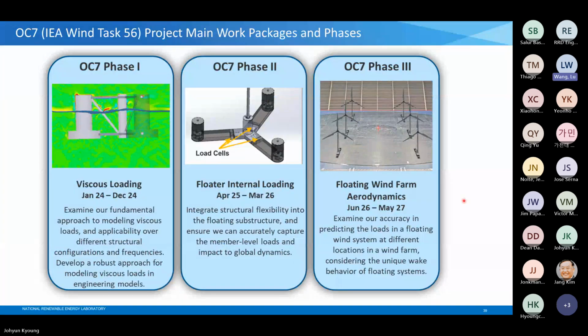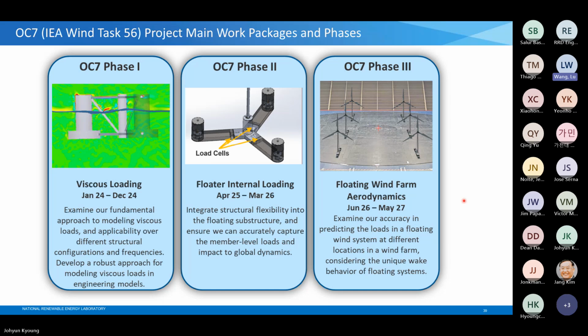All right, first some background information. The current ongoing OC7 project is a continuation of several past OC projects, starting with the Offshore Code Comparison Collaboration OC3 project back in 2010, I think. The series started from code-to-code verification of mid-fidelity tools up to validation against wave basin or full-scale data, added in OC5.